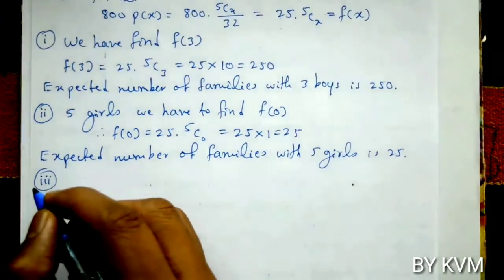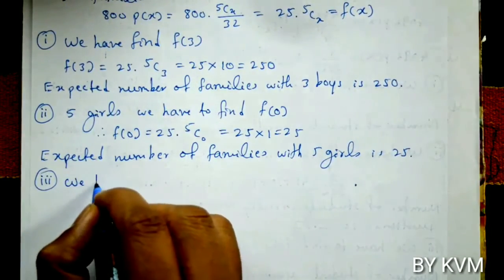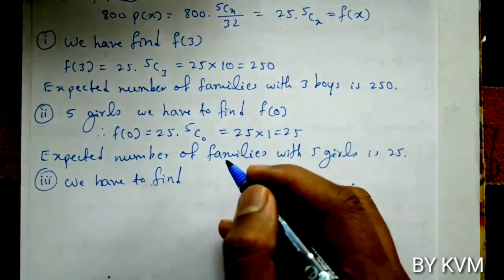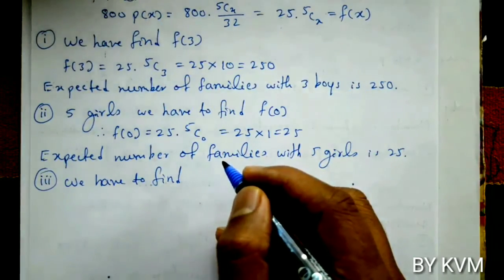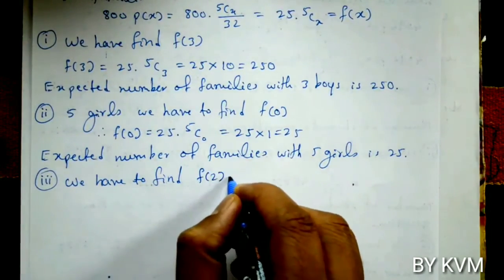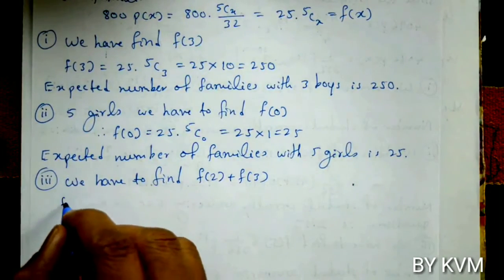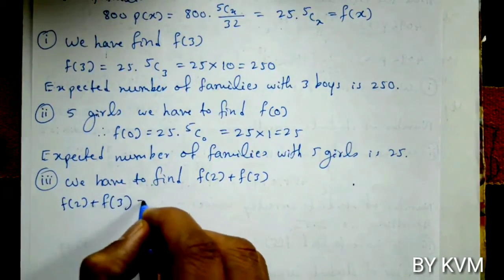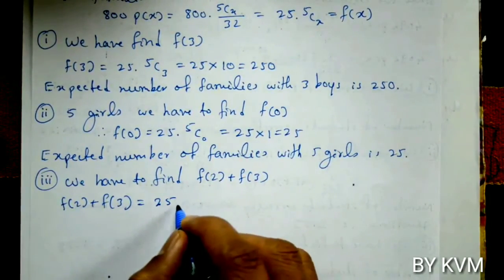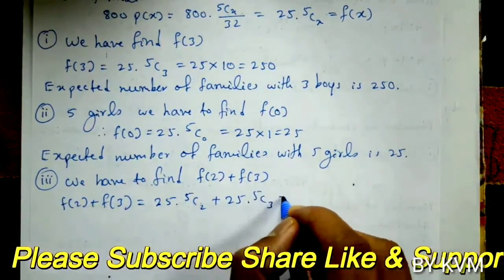So, third case. A family is having either 2 or 3 boys. So, third case, probability of having either 2 or 3 boys. You have to find the number of families having either 2 or 3 boys in 800 families. So, we have to find f of 2 plus f of 3. Or means you have to add, that is f of 2 plus f of 3, that is 25 into 5 c 2, x is 2, plus f of 3 means x is 3, 25 into 5 c 3.